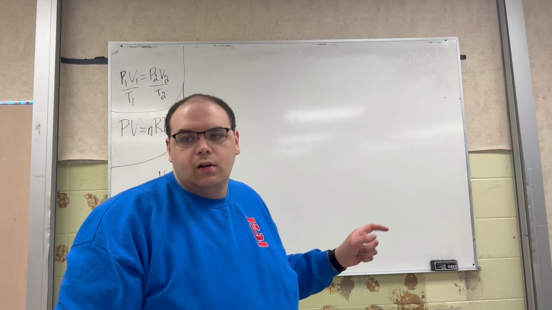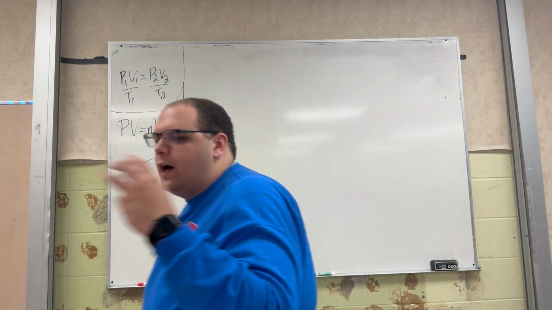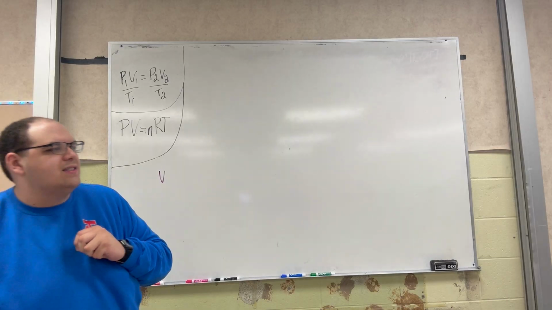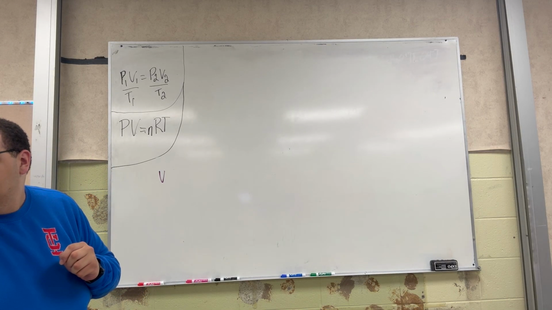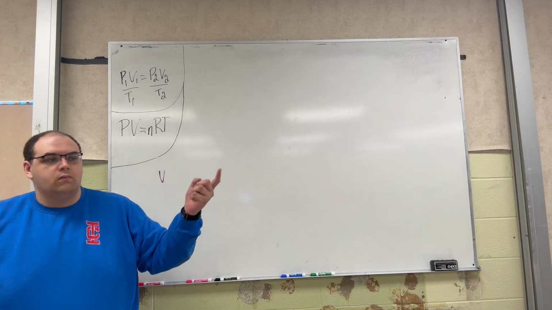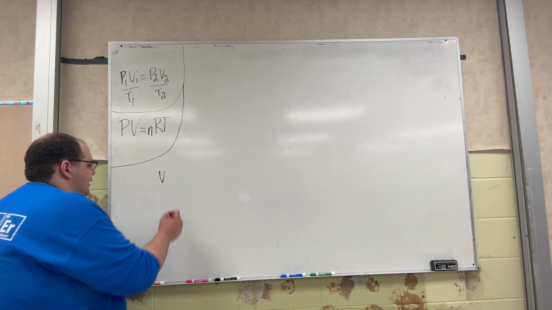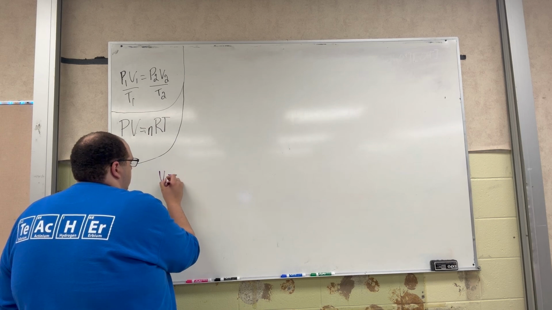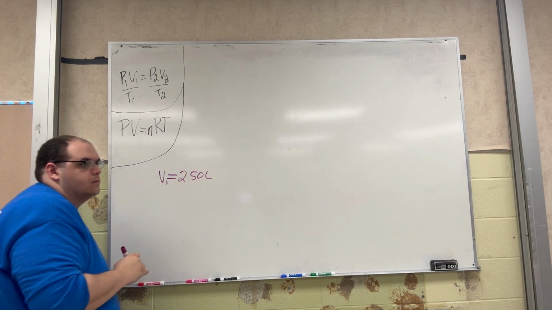Twos are finals, ones are initials. Using context clues of this problem, is 2.5 liters volume 1 or volume 2? It's V1, the initial. 2.50 liters is the initial volume. So V1 equals 2.50 liters.